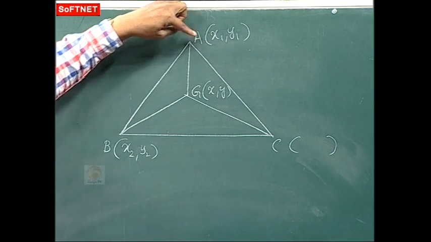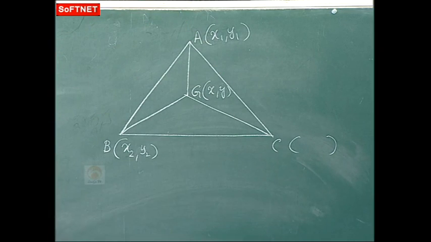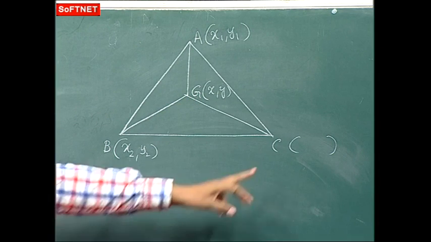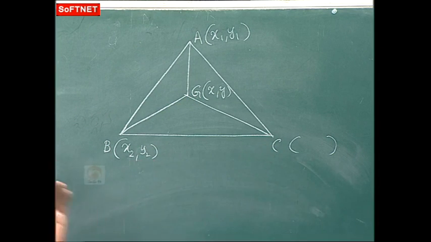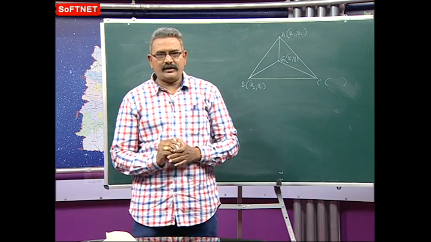As A, B, two vertices are given, and the centroid is given, now we have to find out the missing vertex, that is the third vertex. Now I will give one easy shortcut formula for this.